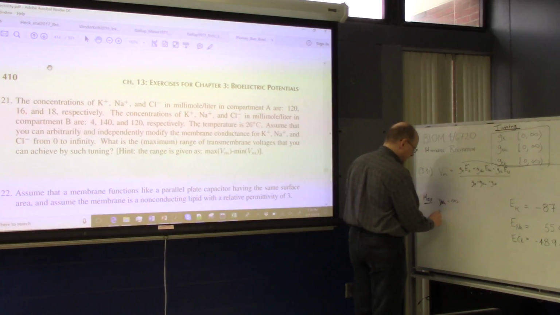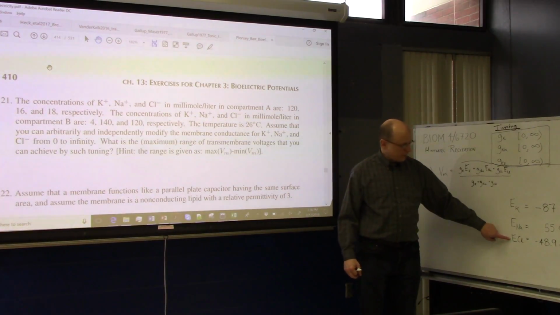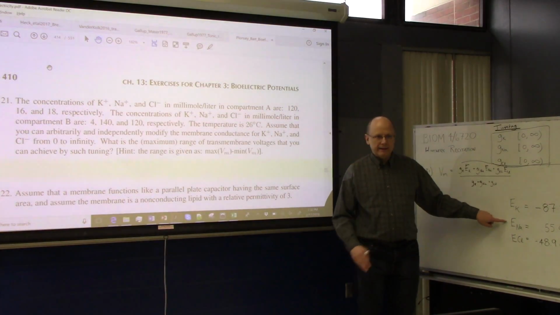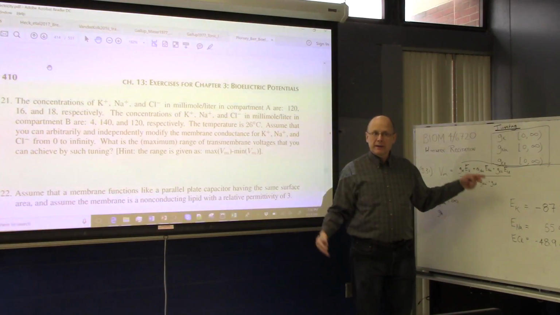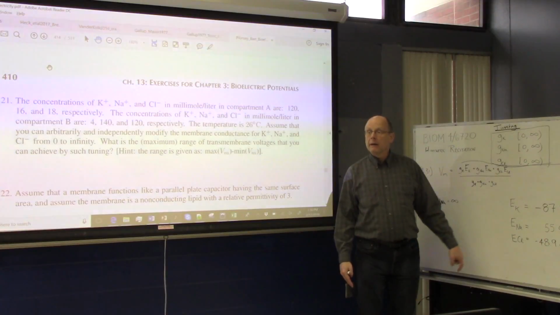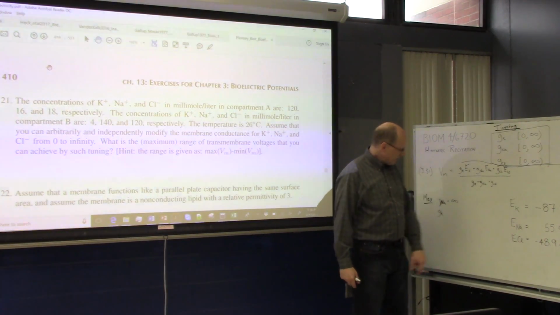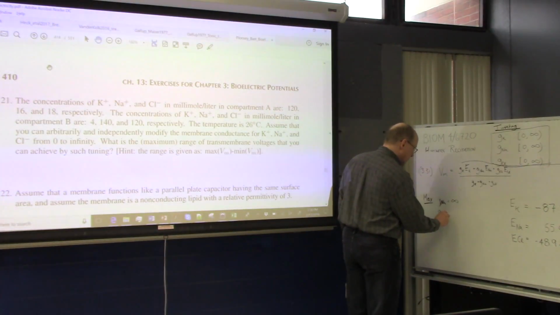And G of K, what effect would the potassium or the chloride have on that? If you're trying to make it higher, what effect would it have on the voltage? It would lower it. So what can I do to the conductances there? Yes, I set those conductances to 0.